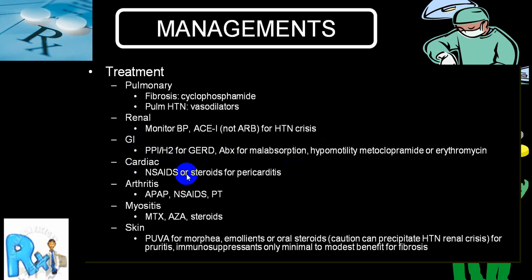In cardiac involvement, steroids for pericarditis. For arthritis, NSAID. Myositis, methotrexate is utilized, and steroid and azathioprine. For skin, ultraviolet is utilized, or you can utilize steroid, particularly in renal crisis.